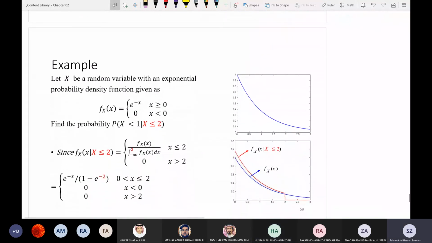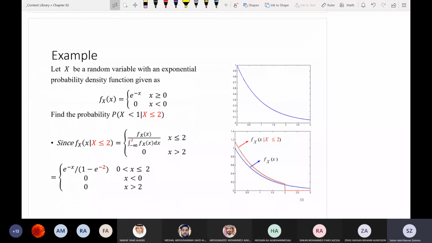Let's have an example. The exponential distribution. Exponential distribution, random variable or density function, has this PDF اللي هو e to minus x for x larger than or equal to 0 and 0 otherwise. So it's 0 before 0 and it's e to minus x.